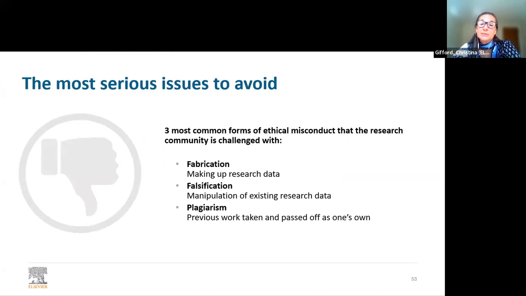A caveat to this plagiarism: sometimes it is your own work, but if it was published previously someplace else, you need to note that. These three violations are the most common forms of ethical misconduct that the scientific and publishing communities are challenged with and trying to address.